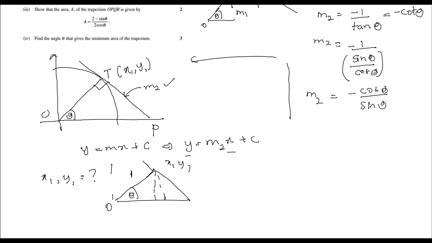So this is T, this is P. And let me have another letter like capital A. From OAT triangle I can find OA. So my x1 would be OA. My y1 would be AT.